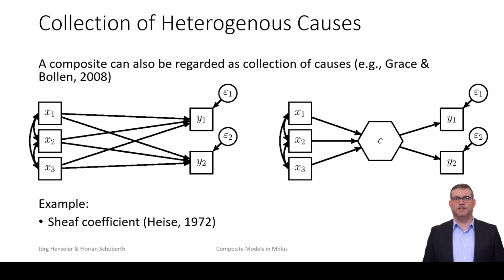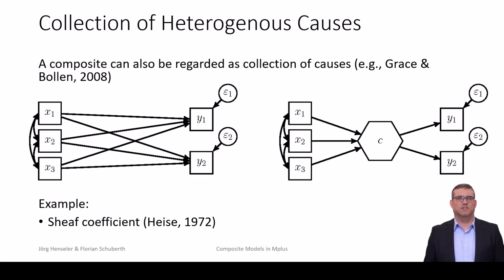Another field of application of composites are collections of heterogeneous causes. Sometimes researchers are not interested in the influence of variables individually, but only in the collective effect of a set of variables. So then it is a very straightforward approach to use a composite made up of these individual variables.